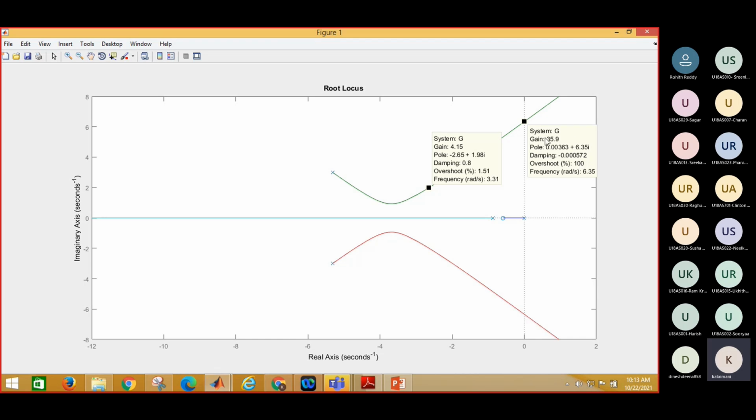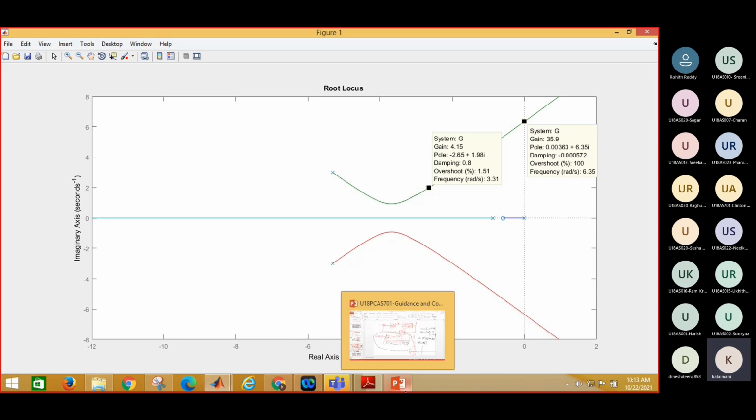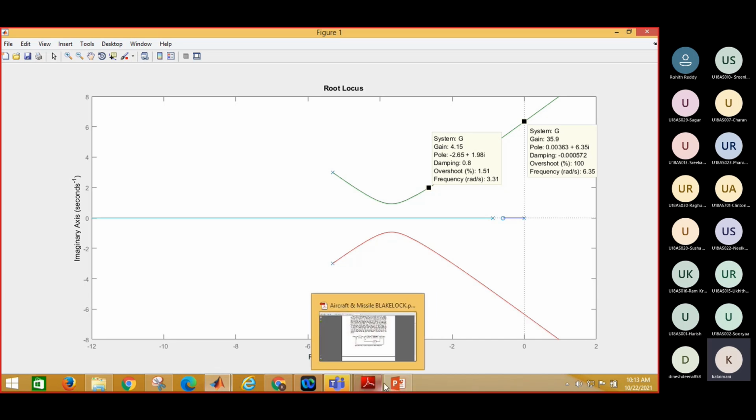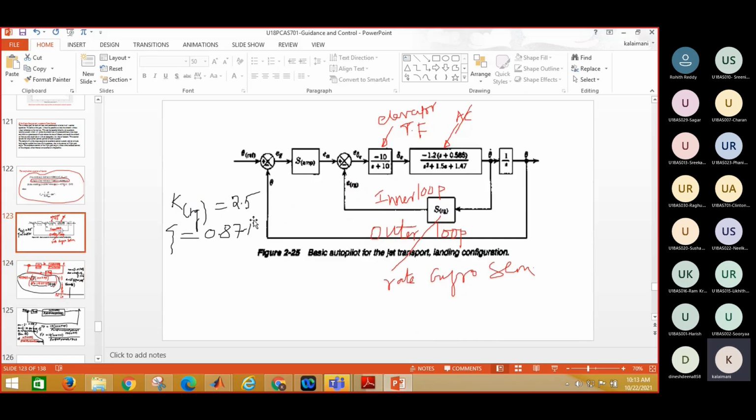That's why we select the rate gyro sensitive feedback value for a higher damping. In this case, my rate gyro sensitive value is 2.5, and my damping ratio is 0.871.